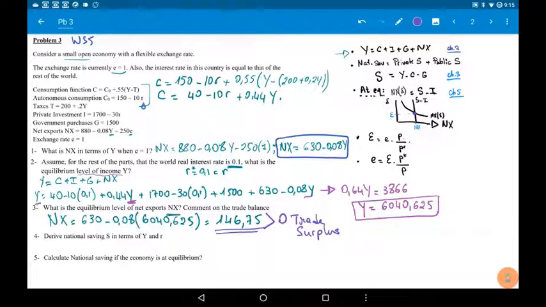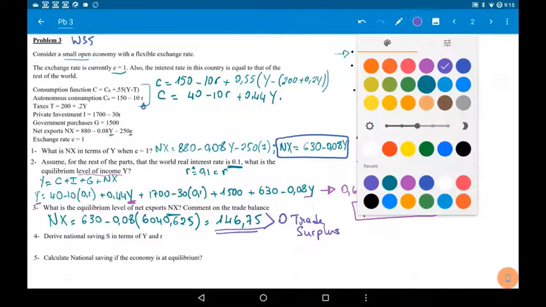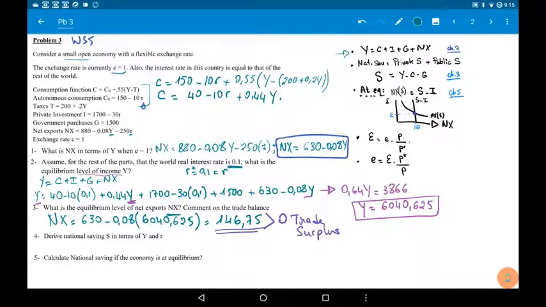Question 4. Derive the national savings in terms of Y and R. From chapter 3, national savings equal Y minus C minus G. They need it in terms of Y and R, so without replacing their values, Y is still Y, C is 40 minus 10R plus 0.44Y, minus G, which is 1500.